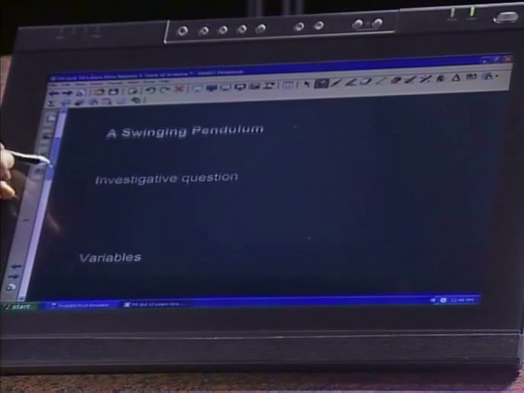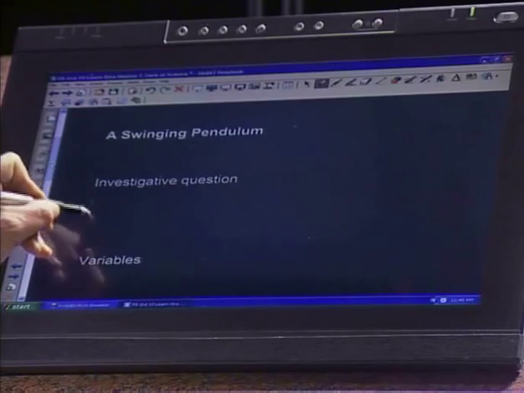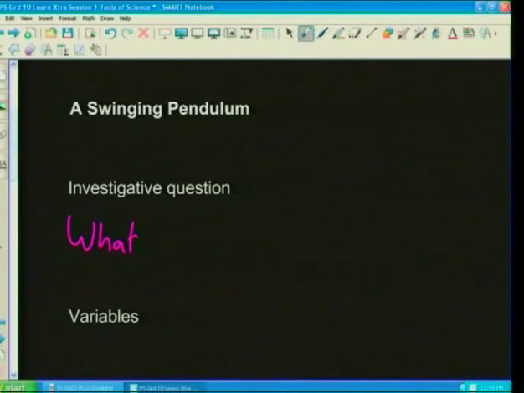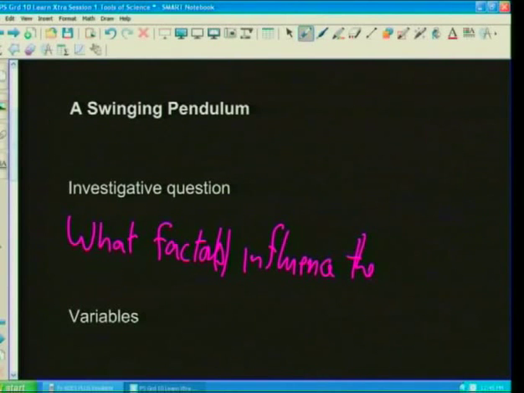And I've come up with this idea: what factors influence the time taken for a pendulum to swing?